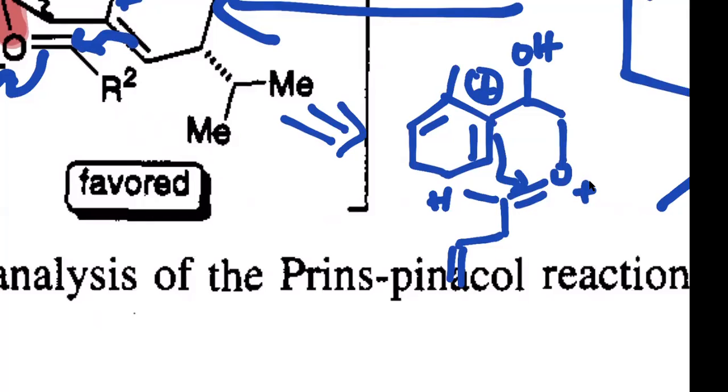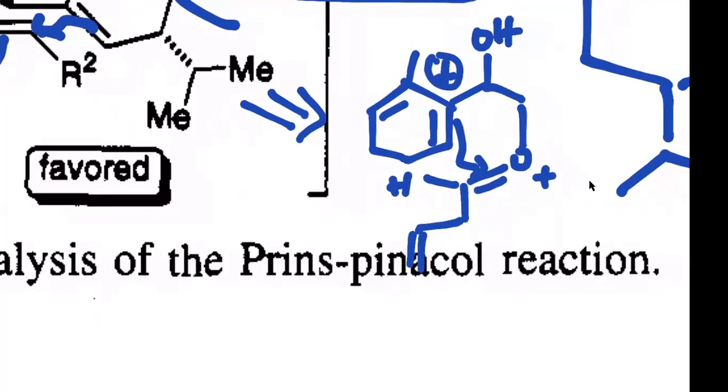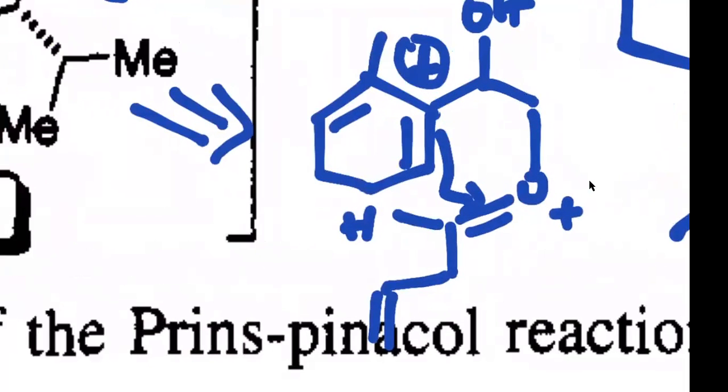That's how you get the 5,6 ring system right there. I'll change colors. So this is going to attack that carbon right there.